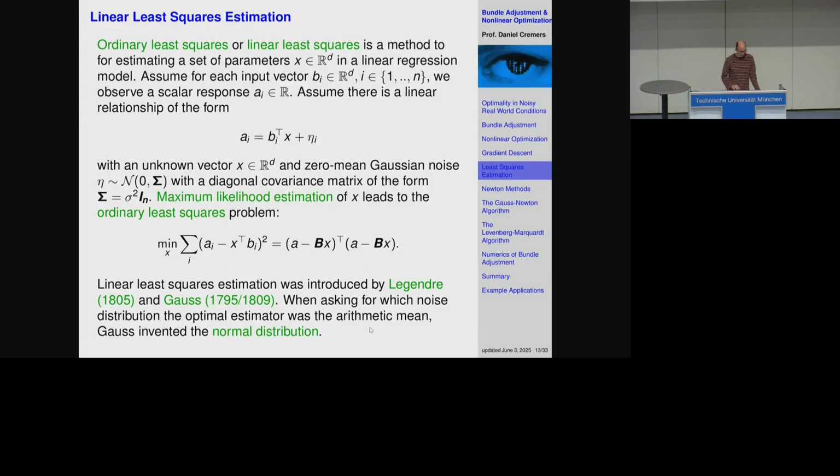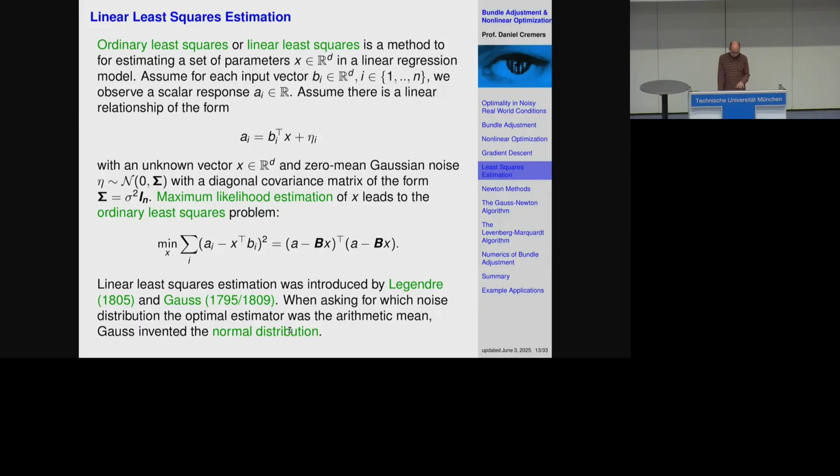Because typically this amounts to computing the mean. And the question is, when do you expect to find the mean, under which distribution? And this is where he found the normal distribution, as he called it. Obviously, he didn't call it Gaussian distribution.